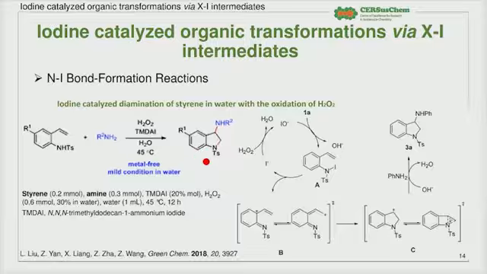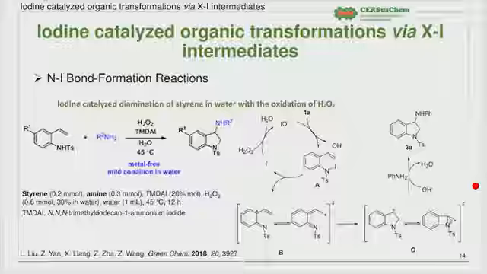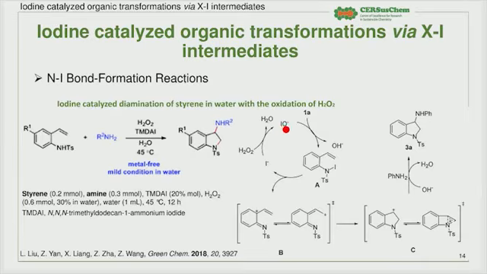The mechanism which they propose for this transformation begins with the formation of the EO- species, which in the presence of the styrene, the two aminostyrenes, results in nitrogen-iodine bond formed intermediates.